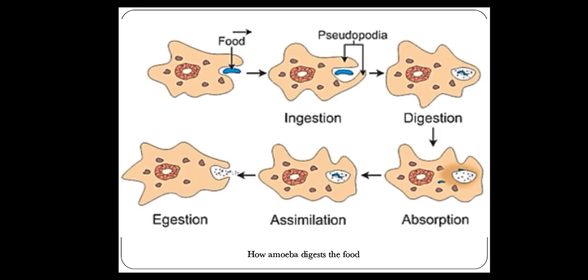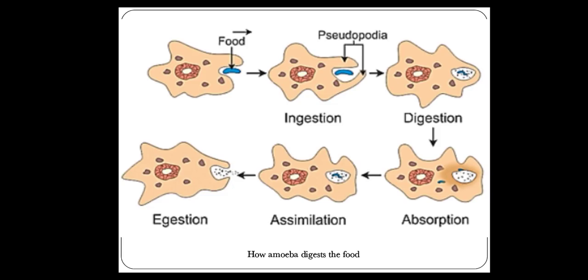So let us have a look at how digestion in amoeba takes place. The amoeba engulfs its food through pseudopodia. Now the food is in the food vacuole. Digestive juices are secreted. The food gets digested. Once the food is digested, it is absorbed. After absorption, the food has to be assimilated so that the amoeba can use it for growth and its multiplication.